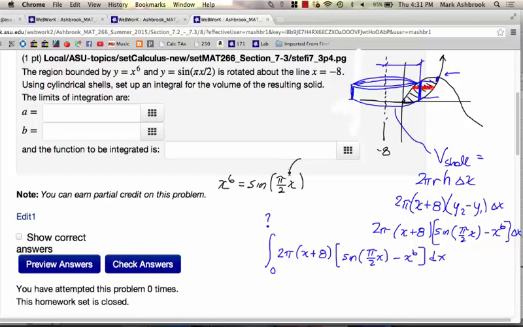Oh, I see. So you're saying when x is 1, then they both equal 1. Yes. Okay, so it's going to be 0 to 1.